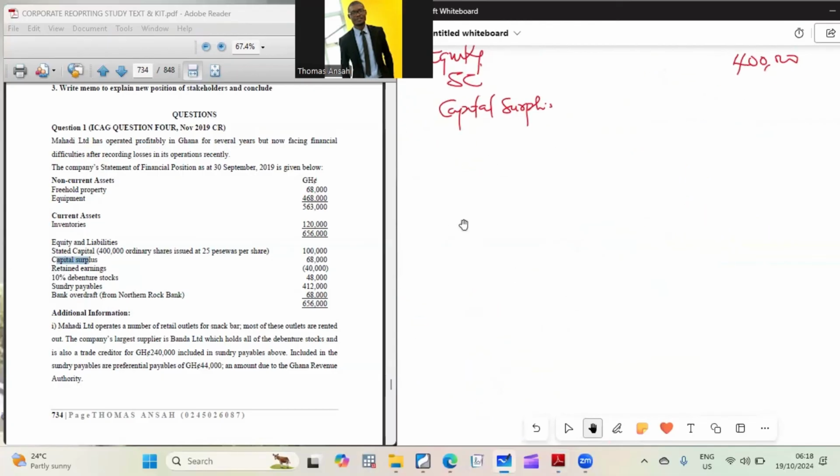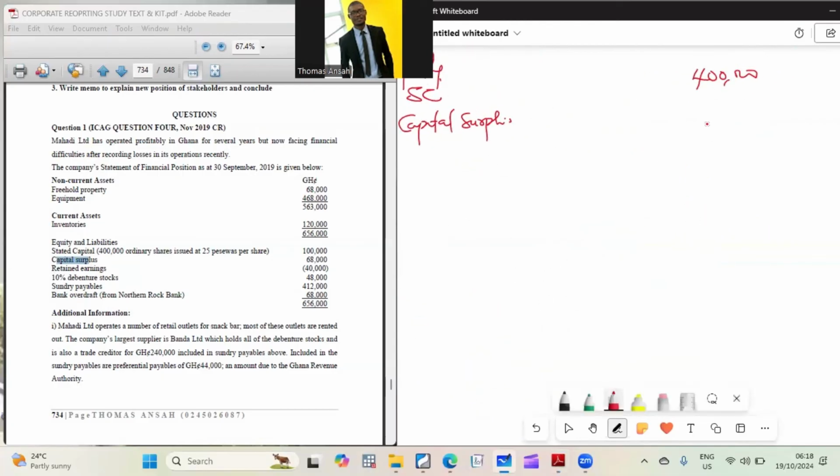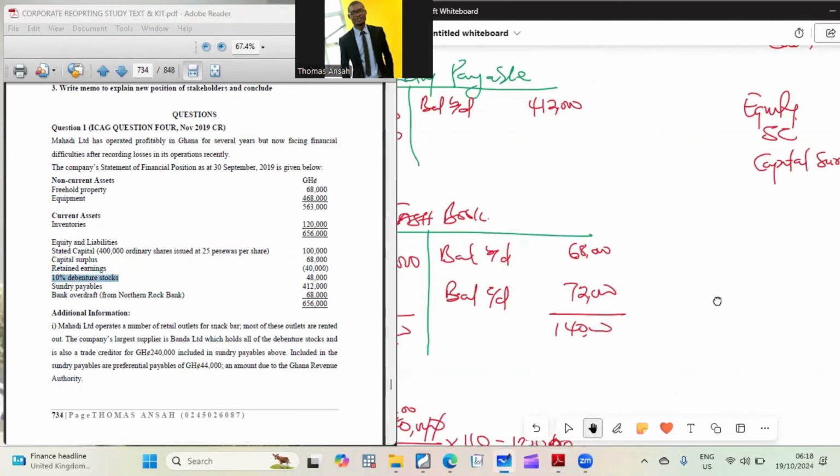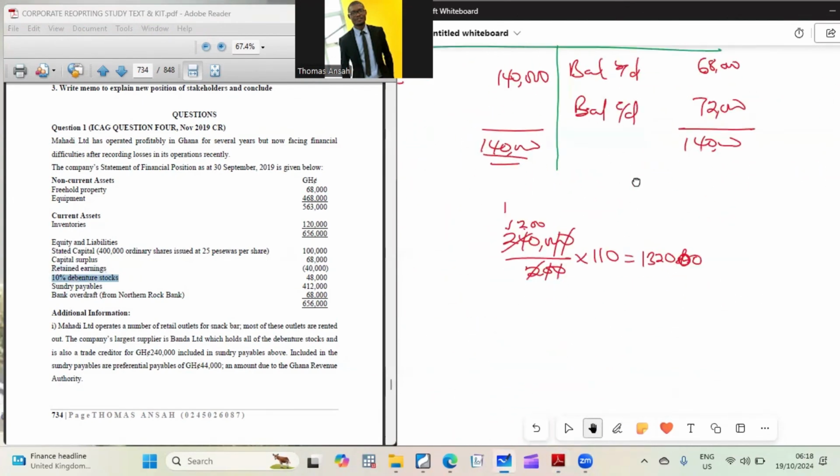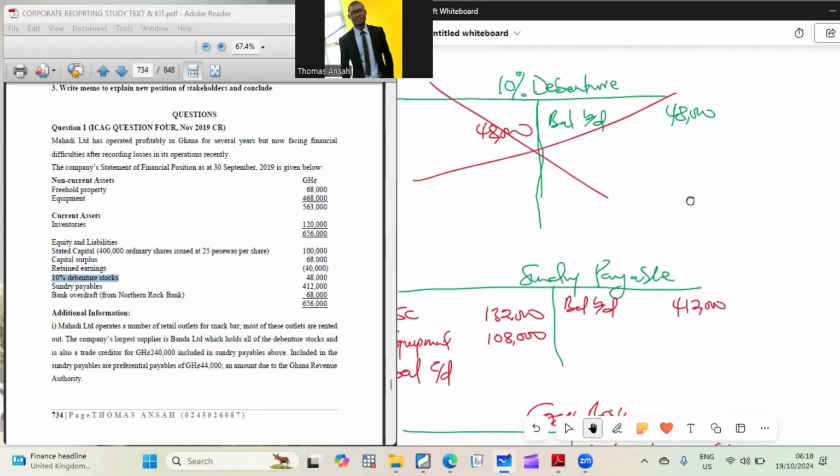So plot it here, 48. The next line item is retained earnings. That one, we wrote it off. So there is nothing like retained earnings. What about the 10% debenture? That one too went out.